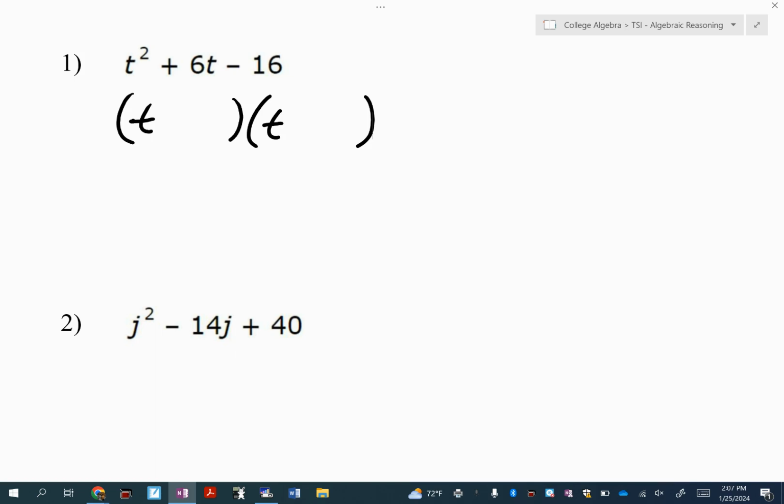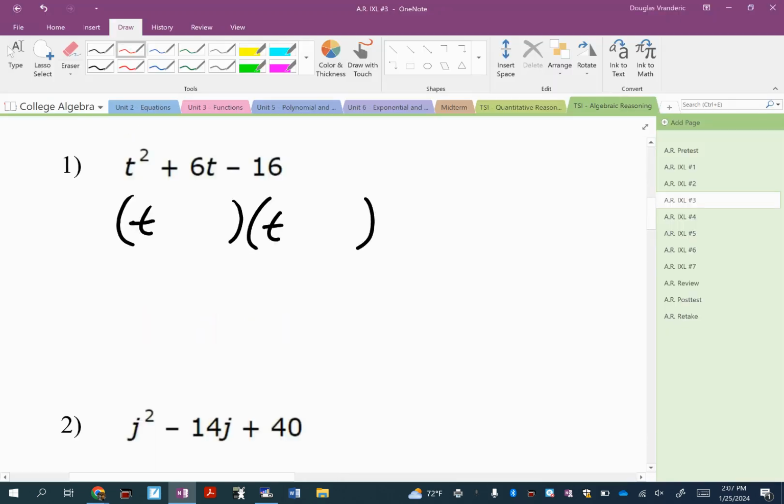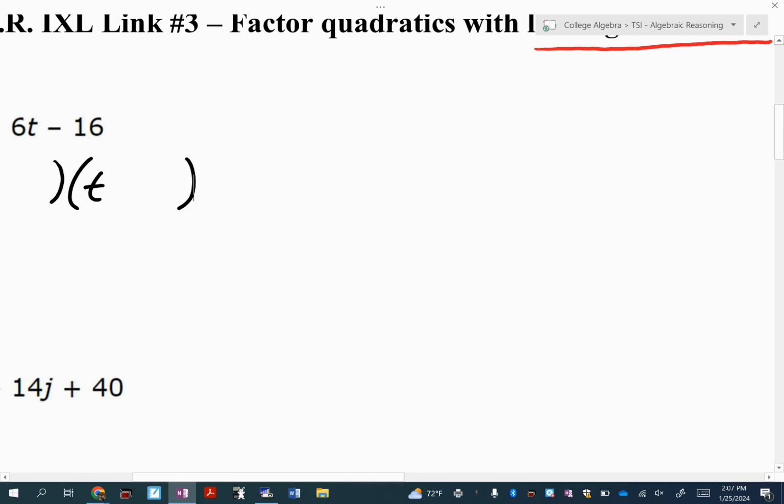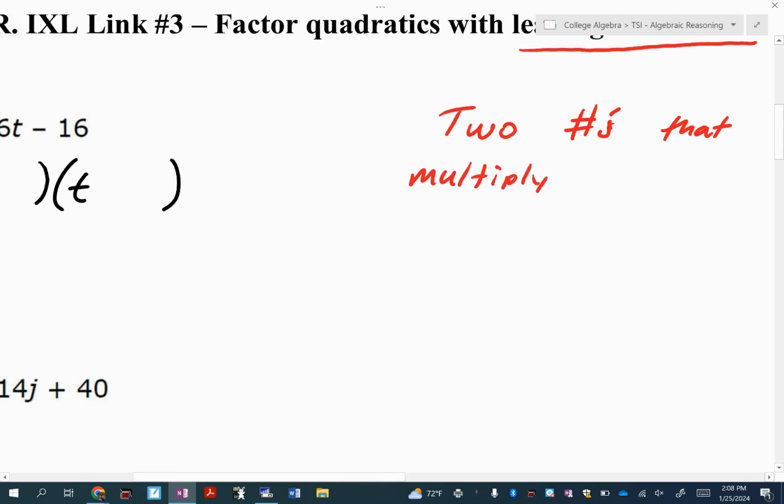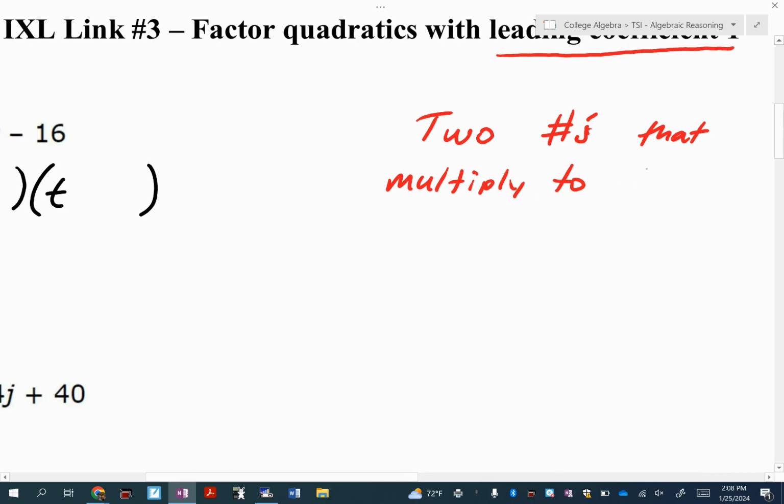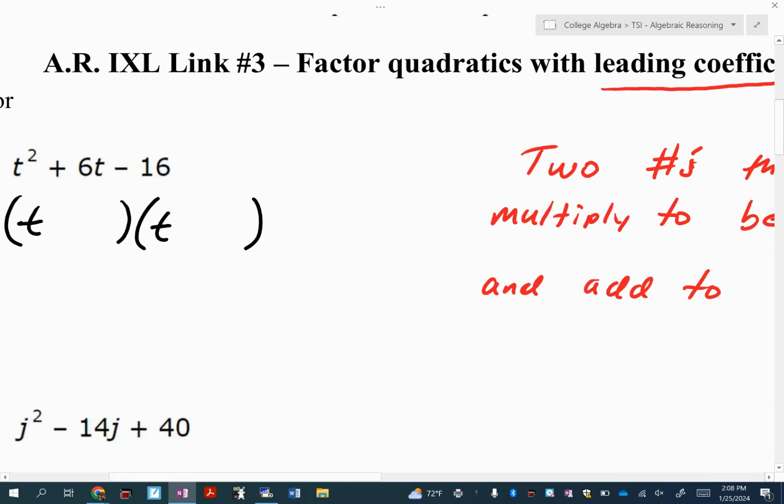Thank you, Donovan. So what my brain is thinking, 6t, right? So 2 numbers that, and I'm going to write this out right now, but obviously I don't write this out when I do the problems, that multiply to be negative 16 and add to 6.